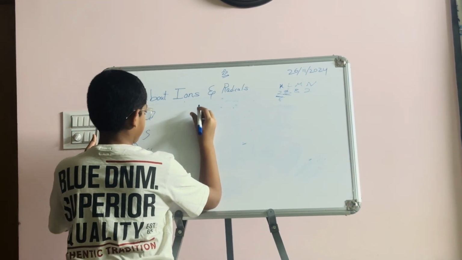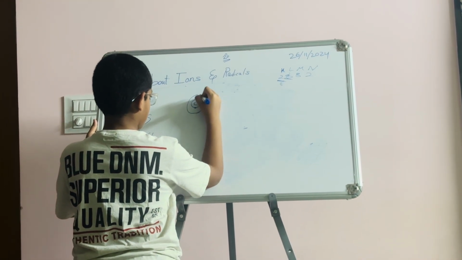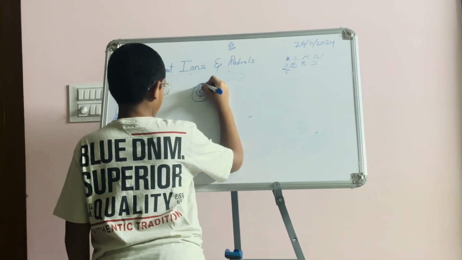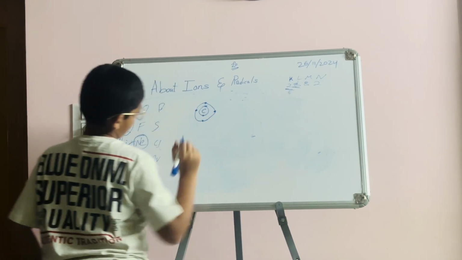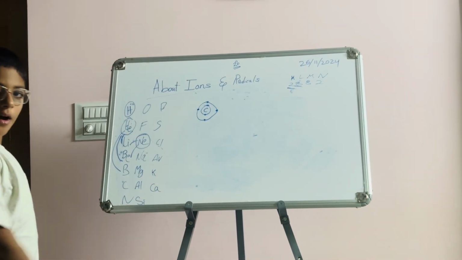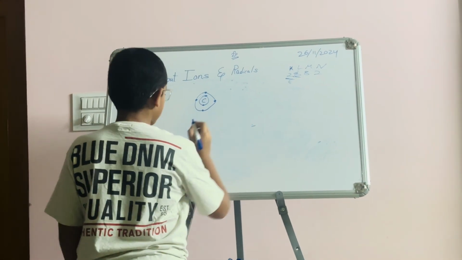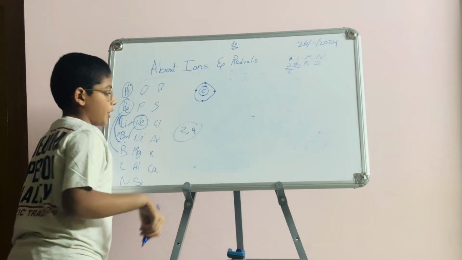Carbon. In carbon we have 4 in the outermost shell. This is a special case I have to teach you. It has 2, 4 electron configuration.